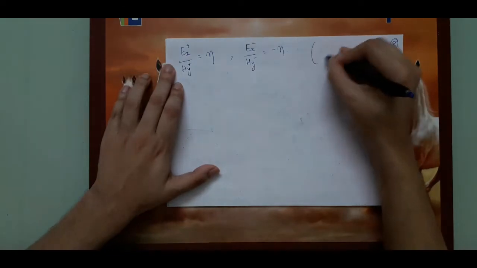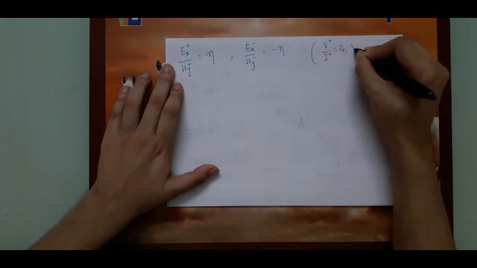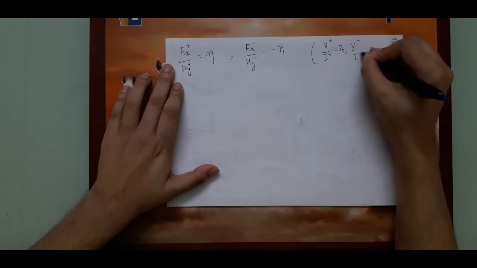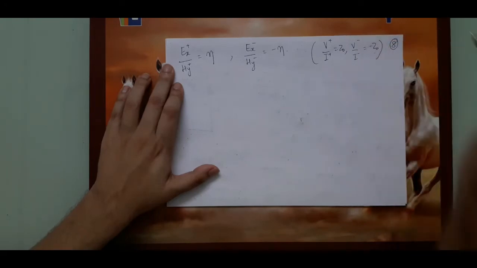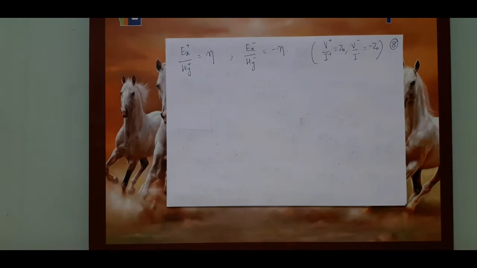This is very similar to the transmission line where V plus by I plus is Z0 and V minus by I minus is minus Z0. So that is the solution.